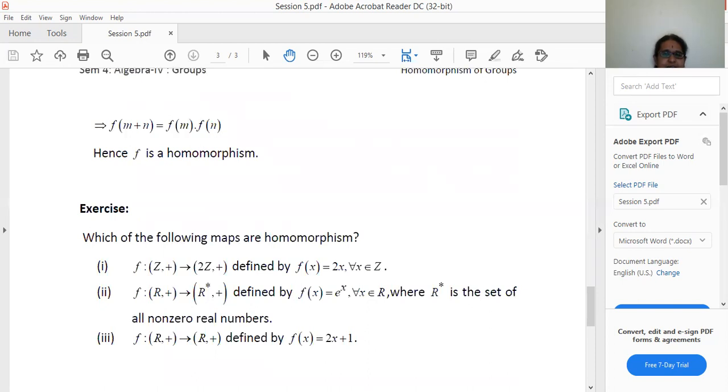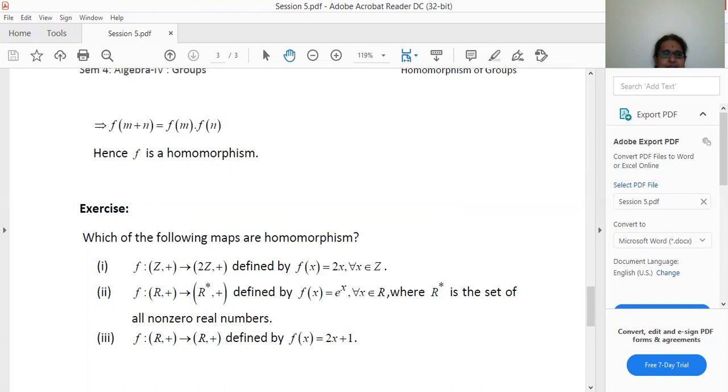Therefore, left hand side we are getting e power x into e power y, whereas right hand side we are getting e power x plus e power y. So LHS is not equal to RHS, that is f of x plus y is not equal to f of x plus f of y. Therefore, f is not a homomorphism.